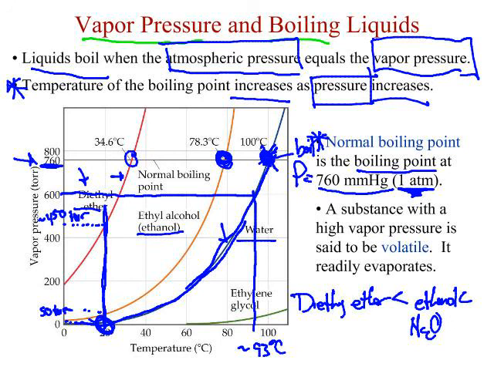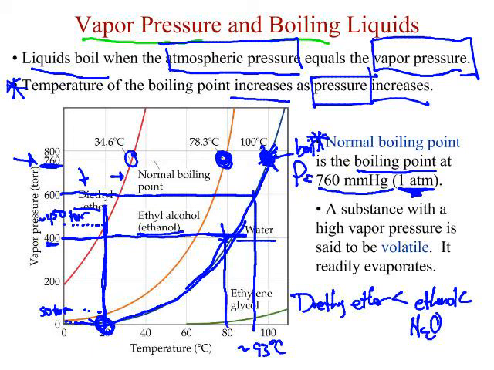There's another way you can make the atmospheric pressure equal the vapor pressure, and that would be to reduce the atmospheric pressure. Say we reduced the pressure of the system down to 400 torr, and then we find the boiling point. You can see the boiling point of the water would be substantially lower.